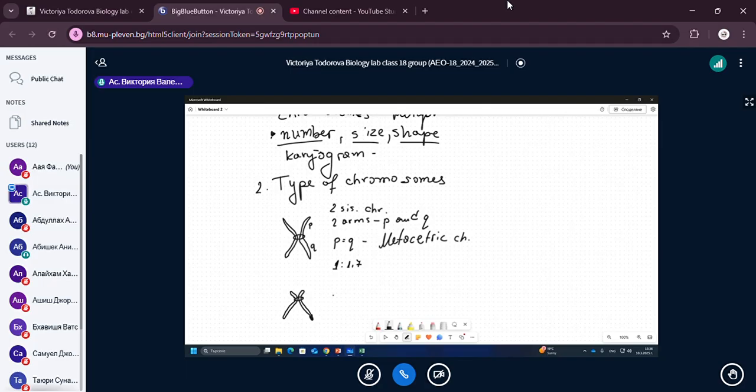And here the arms are P to Q, and if this length is 1, the ratio is 1.723. These chromosomes are submetacentric.